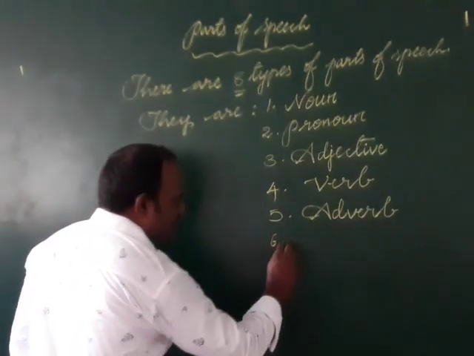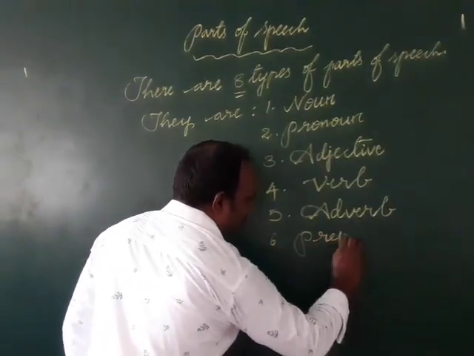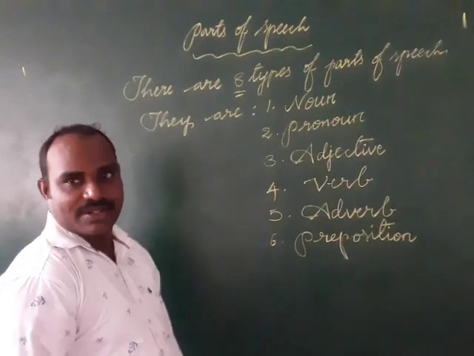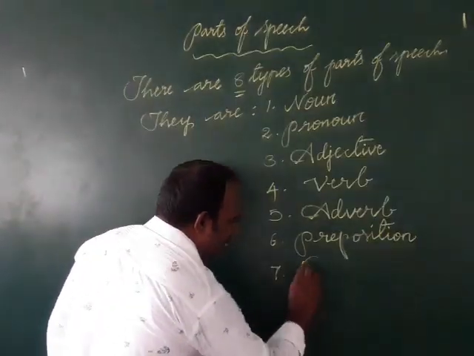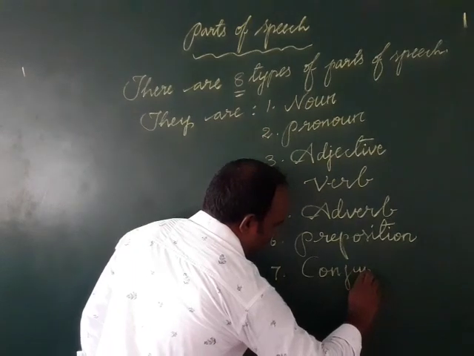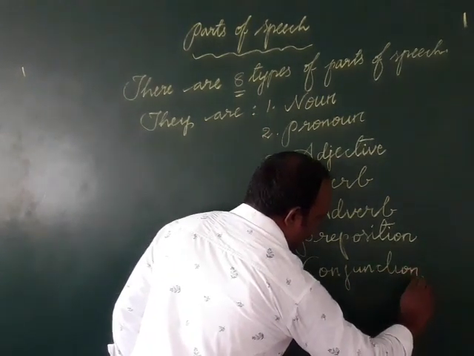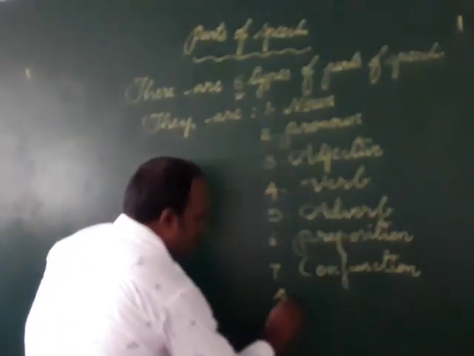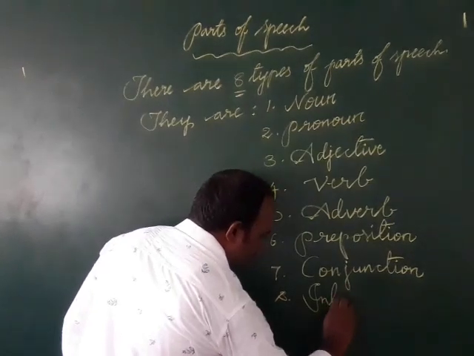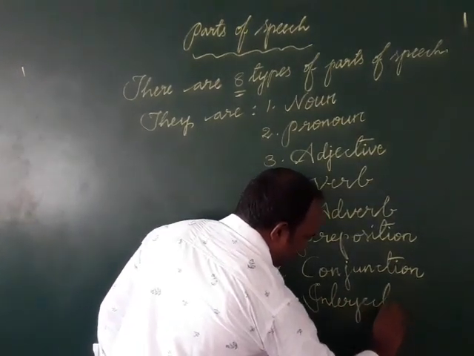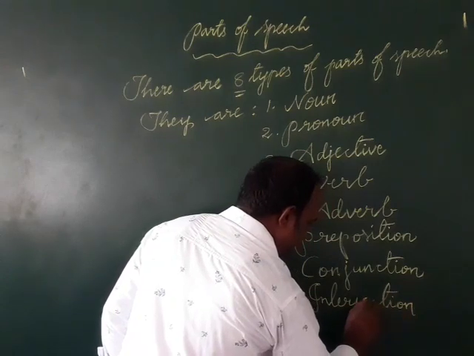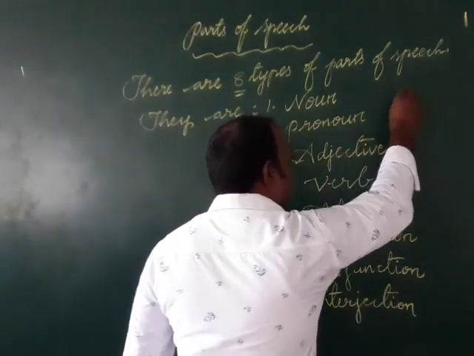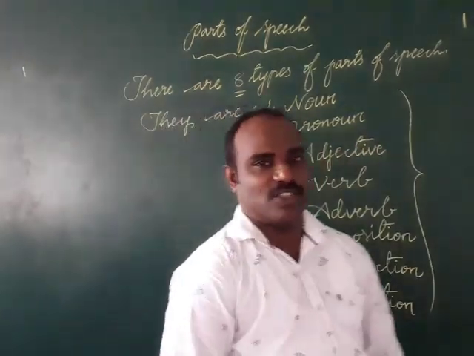Sixth one, preposition. Seventh one, conjunction. The last one, the eighth one, interjection. So these are the 8 types of parts of speech.